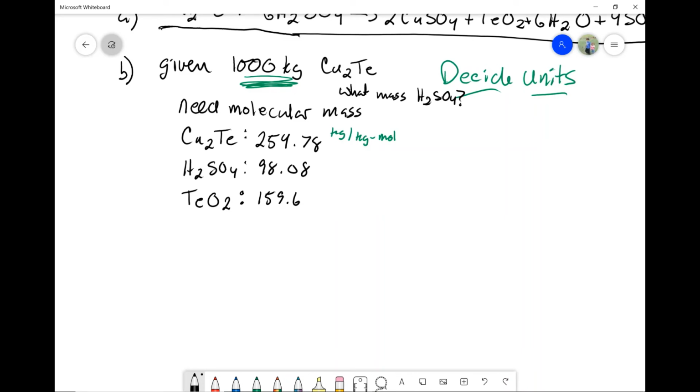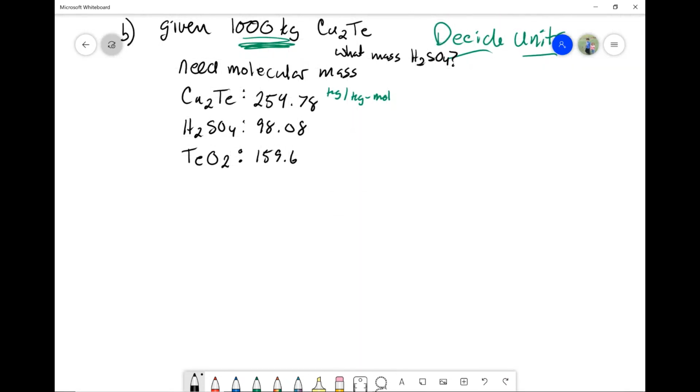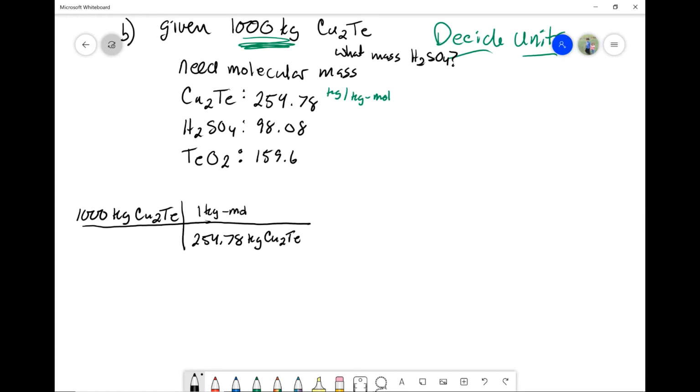And so our basis now, 1,000 kilograms, and so there are 254.78 kilograms in 1 kilogram mole.